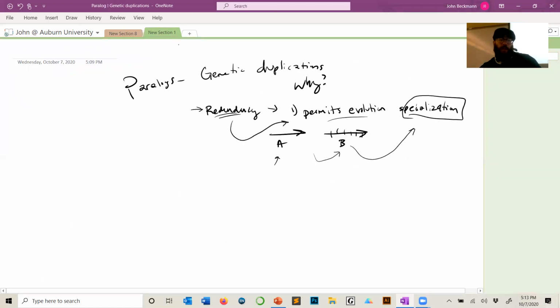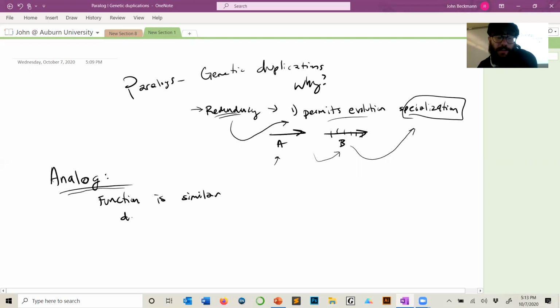Another term, while we're on this topic, that's worth discussing is analog. What would be an analog? How is that different? I think their function is similar, but they're... Yes, that's exactly right. Function is similar, but they're totally different things.